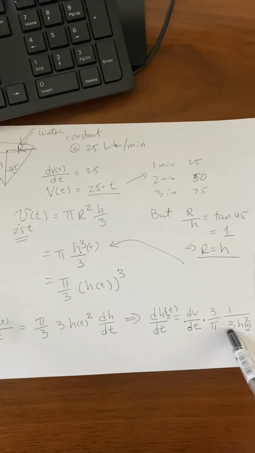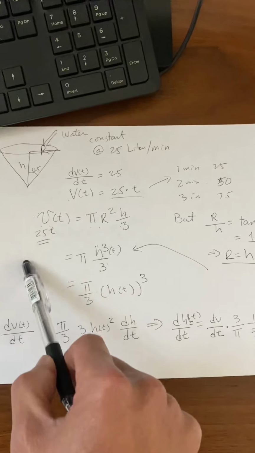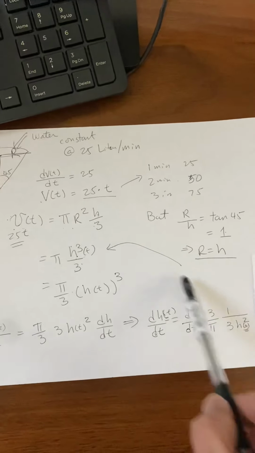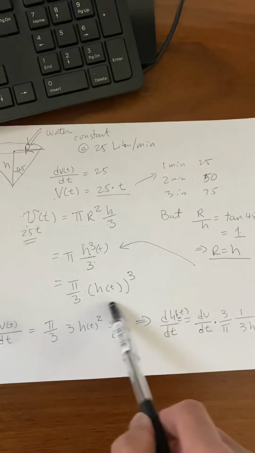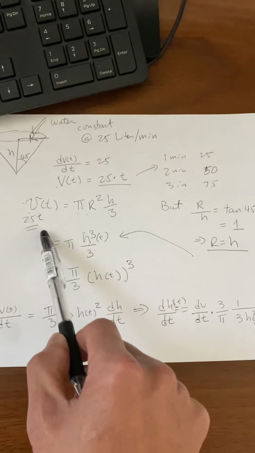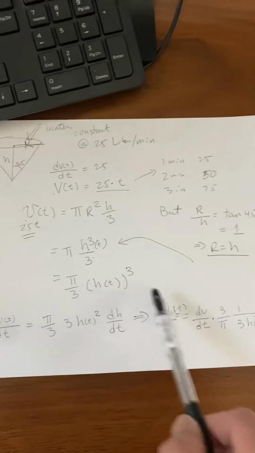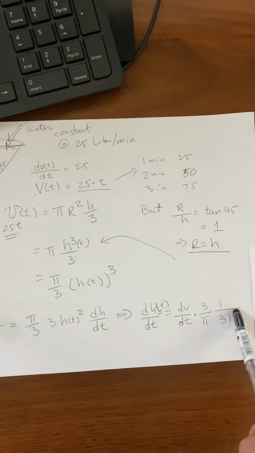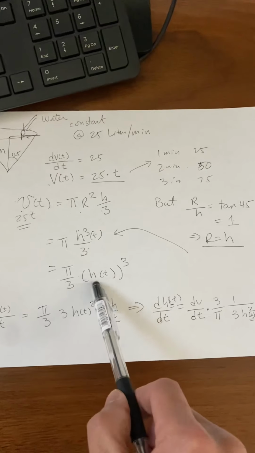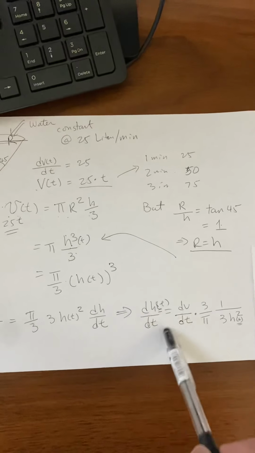At 1 minute, you know volume is 25, right? And then you can solve for h, right? Using this formula. Given volume, you solve for h. At 2 minutes it is 50, so you put in the 50, and then solve for the height at 2 minutes, and that gives you the dH/dt.